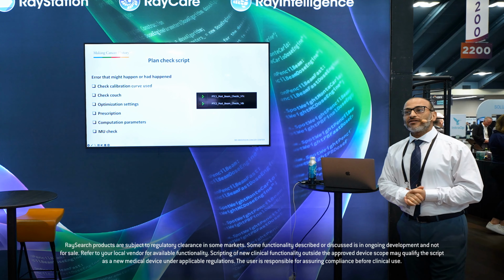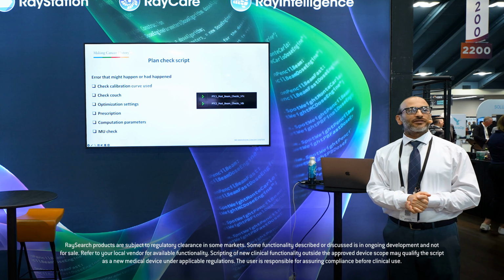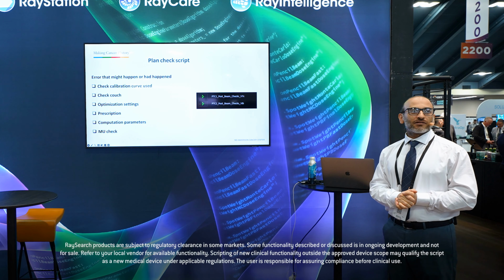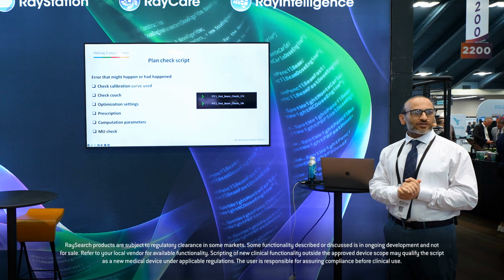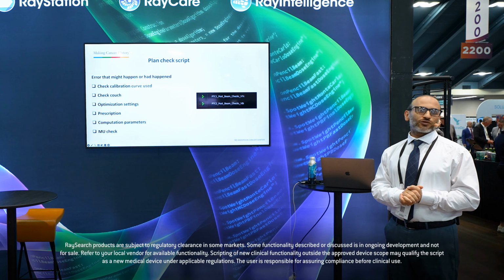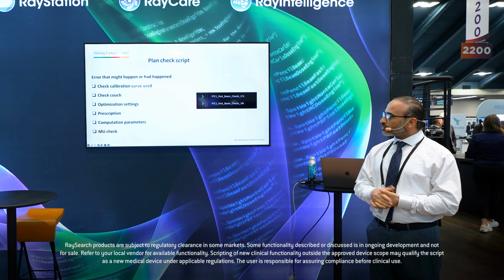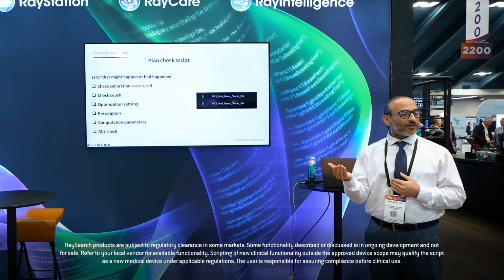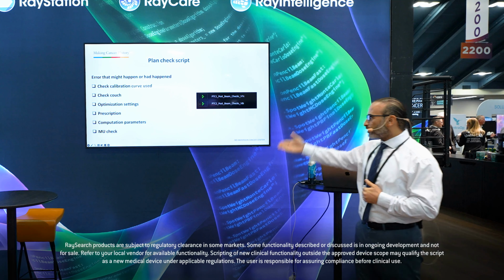Next, once we have a generated auto plan, we need to check it. And as they say, with automation, there is always a responsibility. You have to check that the script is doing what it's supposed to do. So we compiled a list of errors that might happen or errors that already happened in the past, and we included this list in our checks, and we check for different things.